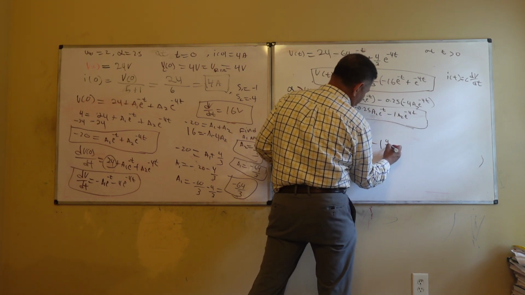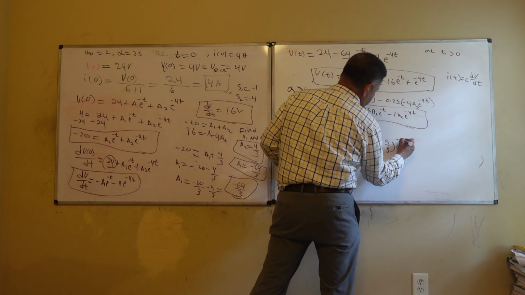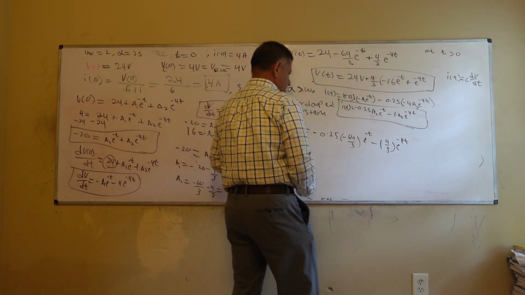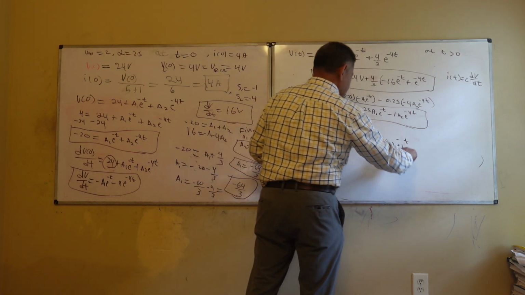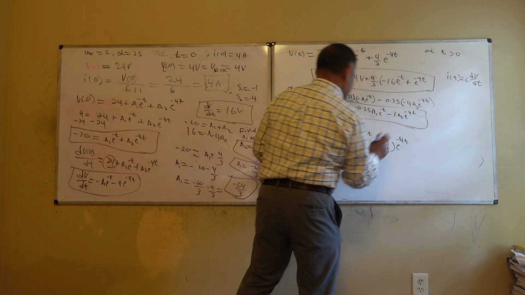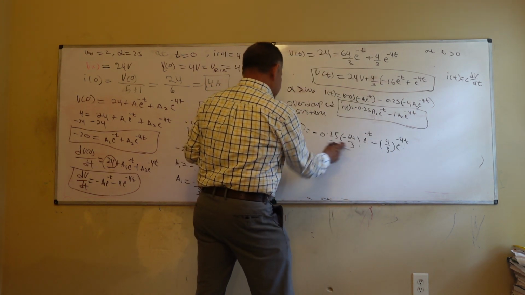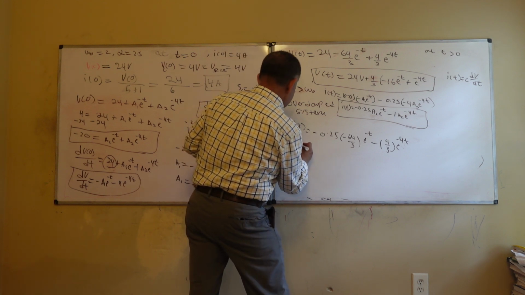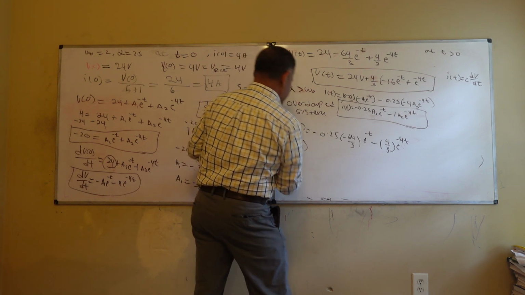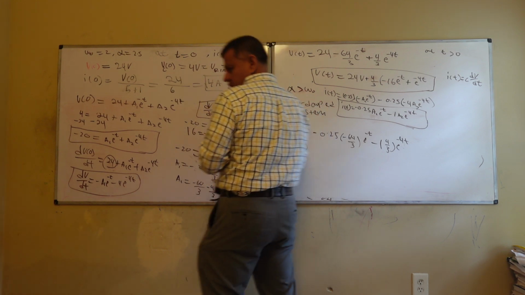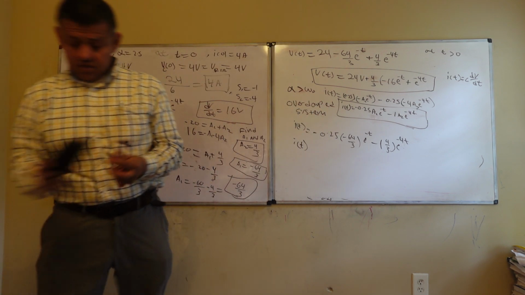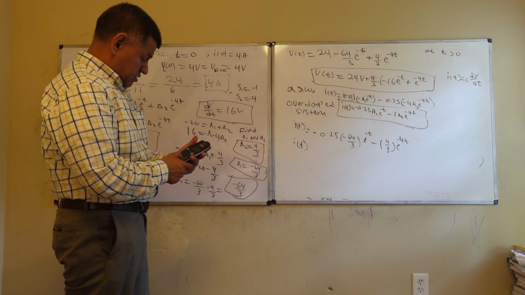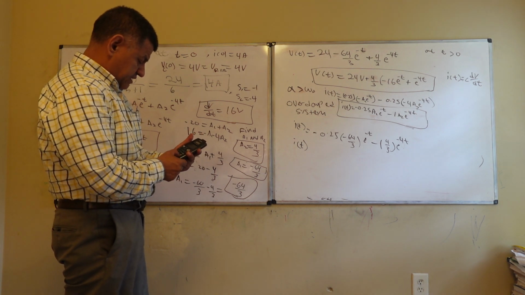So it's positive 4 thirds e to the 4t, right? Now when I do that, this guy right here is equal to 64. So 0.25 times 64.